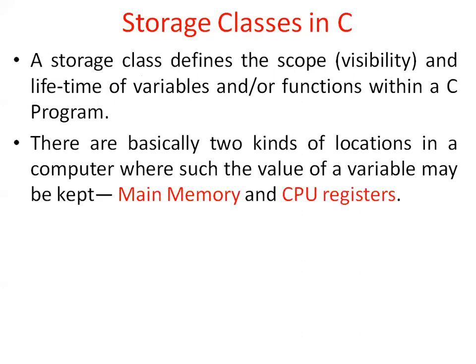Generally there are two kinds of locations in a computer where the value of a variable is stored. The first one is main memory and the second one is CPU registers. While your program is executing, these are the two places where the variables' values are stored.